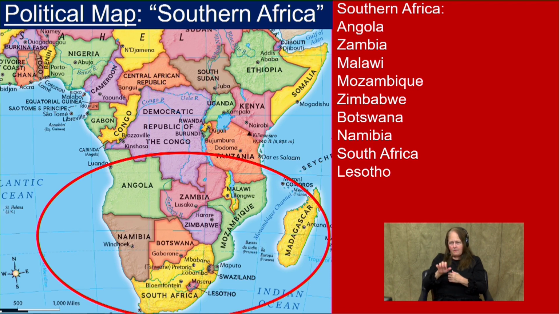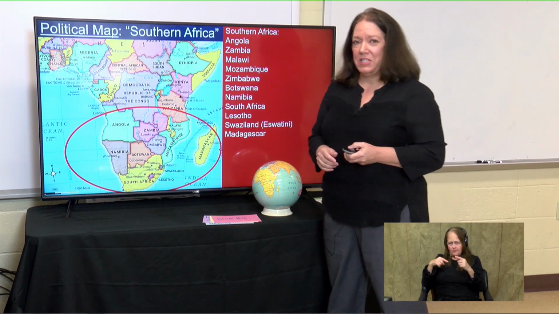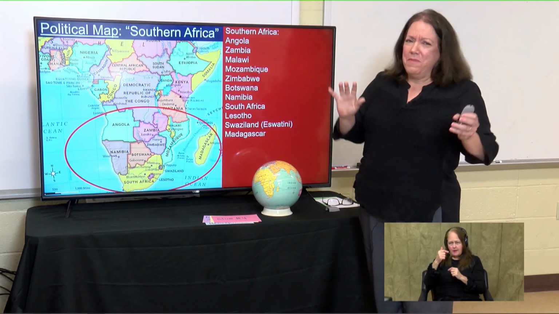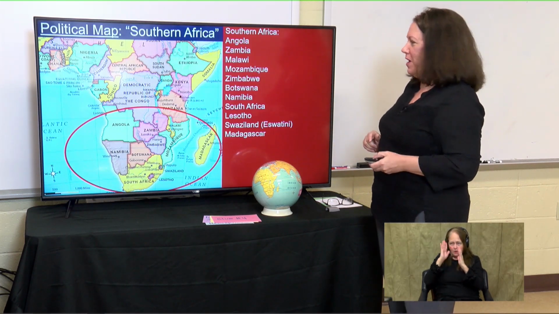And then look into South Africa and you're going to see two small countries that are inside there. We call these enclaves, a country that's entirely surrounded by another country. Those two enclaves are Lesotho and then Swaziland, which has recently changed its name to Eswatini. And then finally, let's not forget Madagascar. Now, I may have missed a few countries that are small island countries. I'll leave that up to you to find those.